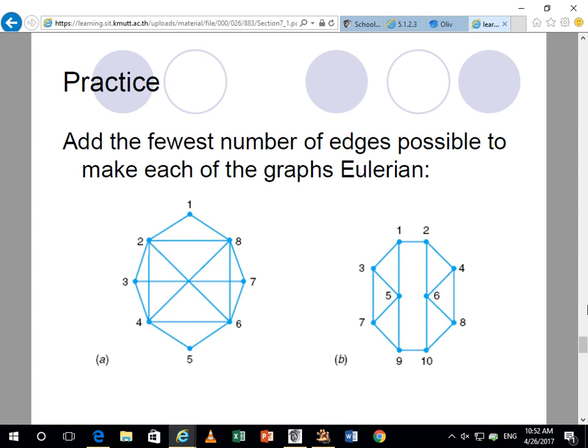Or I forgot to show, this also becomes 4. But still even. 1, 2, 3, 4.